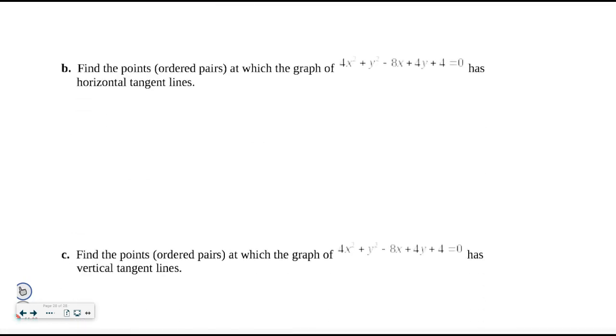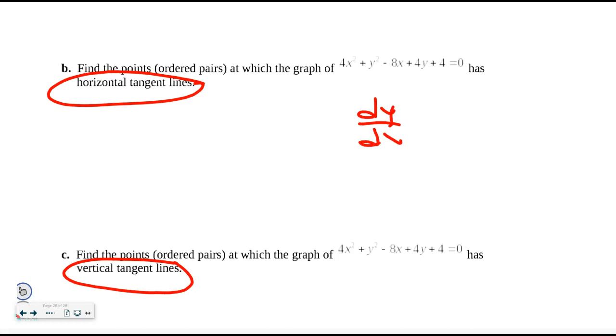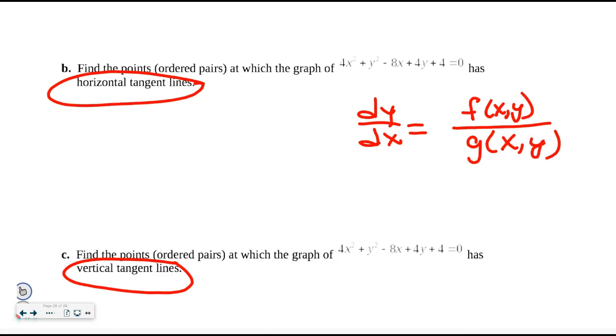The one I want to talk about is these two, just to make sure you know the difference, okay? So when we get our dy dx as a function, and it's always a quotient because we always end up dividing at the end, right? So we always end up getting on the top, I'm just going to write this, some function of x and y, and on the bottom, some function of x and y, whatever it might be, like we just had, right?